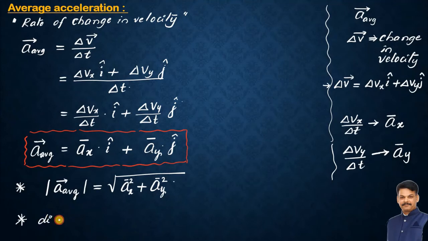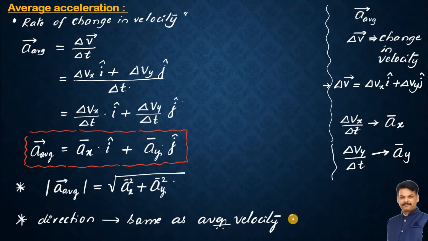The direction of the average acceleration is the same as that of the average velocity. Along that direction only the acceleration will be acting. So it is along delta v. So dear students, this is about the average acceleration equation.